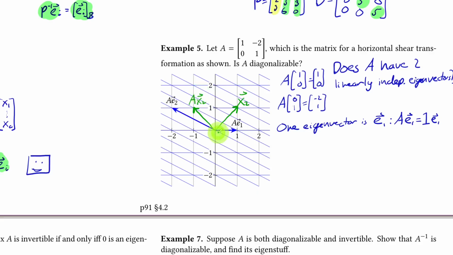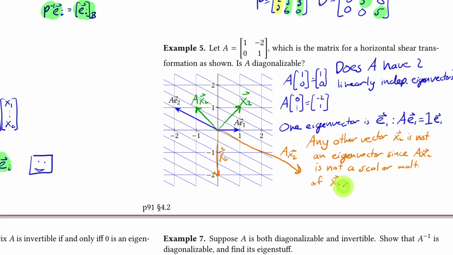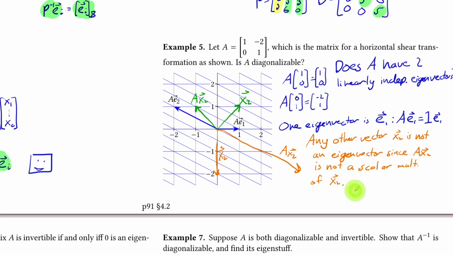If we try something else, down here, if this is maybe a second eigenvector, well, that's actually going to end up way over here when you shear it. So anything that's not on the x1 axis is not an eigenvector, because it's going to get sheared away from the line through it and the origin. So no, A is not diagonalizable.